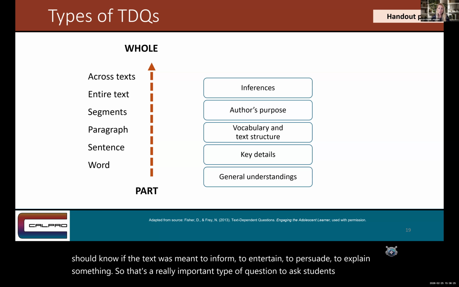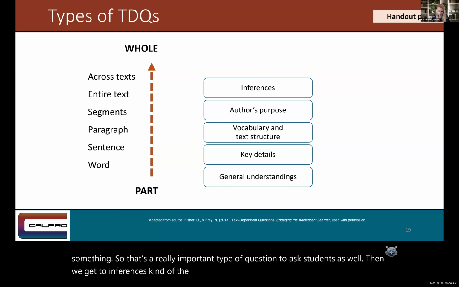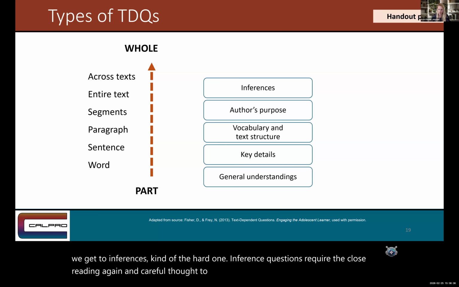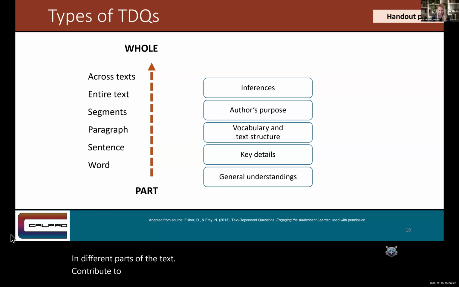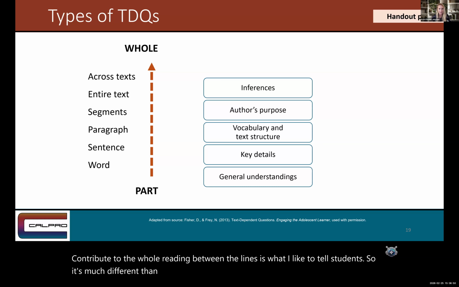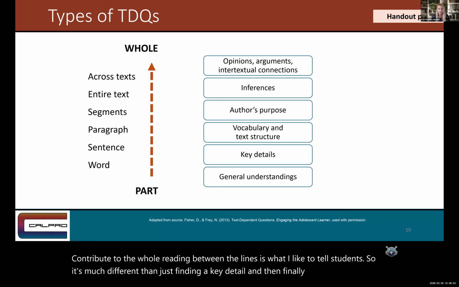Then we get to inferences, kind of the hard one. Inference questions require the close reading again and careful thought to consider how all the ideas or details in different parts of the text contribute to the whole. Reading between the lines is what I like to tell students. So it's much different than just finding a key detail. And then finally, we have opinions, arguments, and intertextual connections.